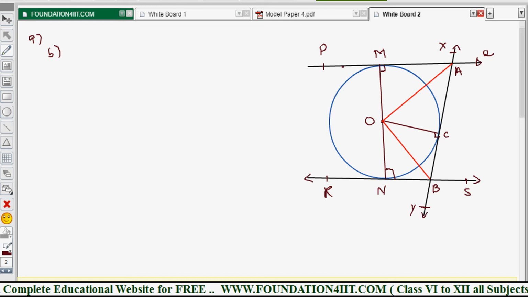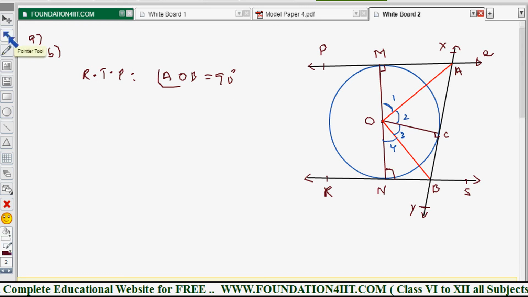Now we need to prove angle AOB is 90 degrees. For that, let me take numbers for each and every angle. This is angle 1 and this is angle 2, this is 3 and angle 4. If I prove angle 2 plus 3 is 90, that is also enough.